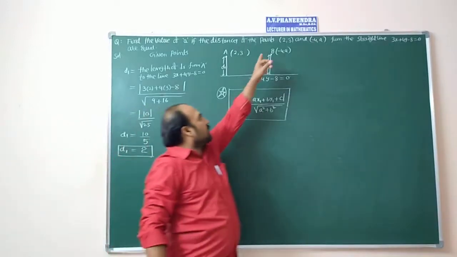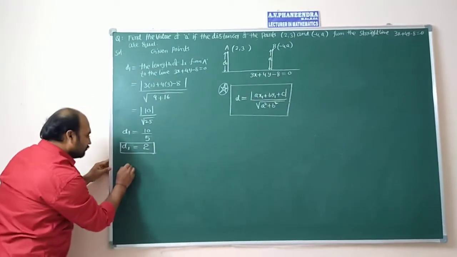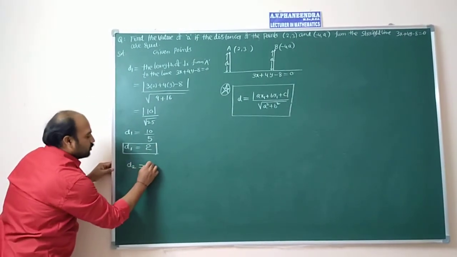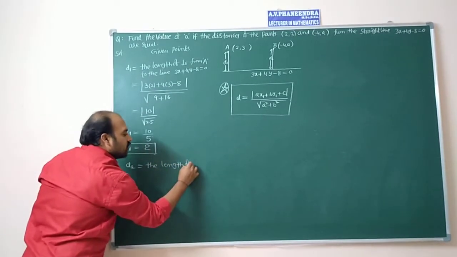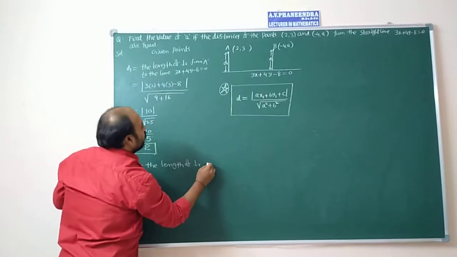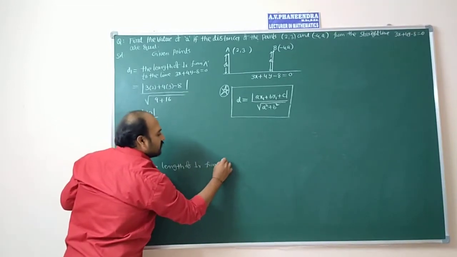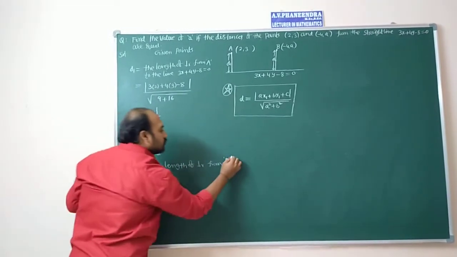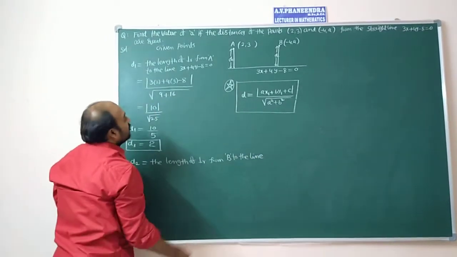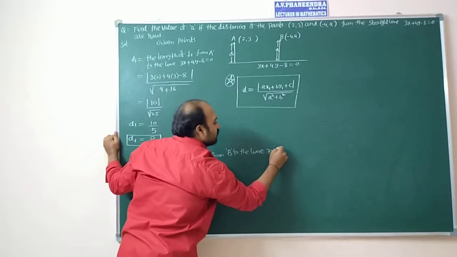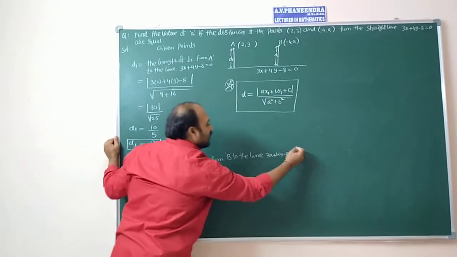Come to the second step. d2 equal to the length of perpendicular from B to the line 3x plus 4y minus 8 equal to 0.